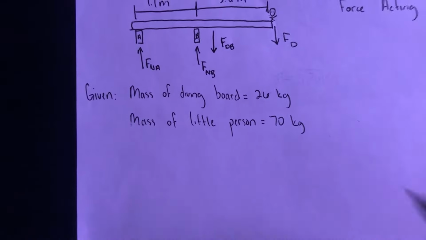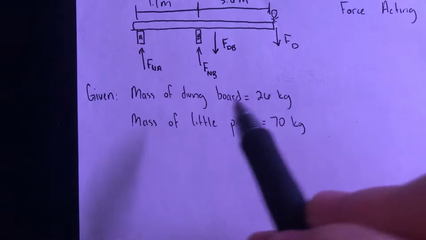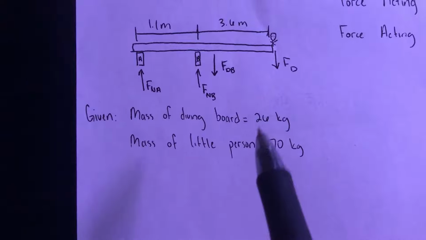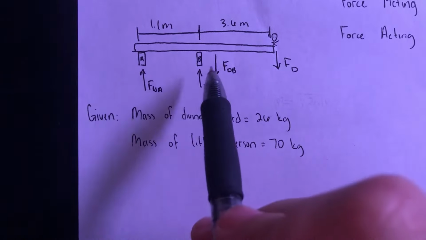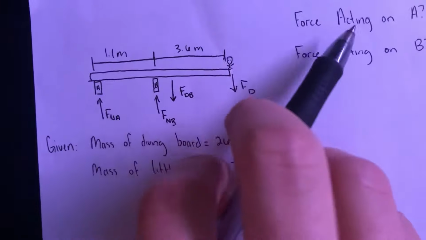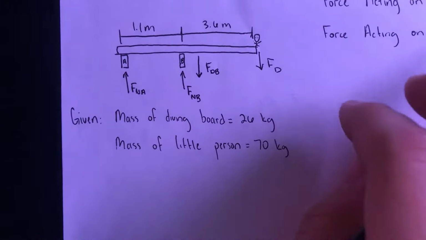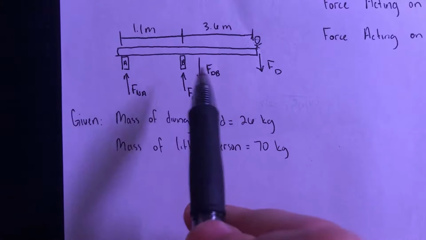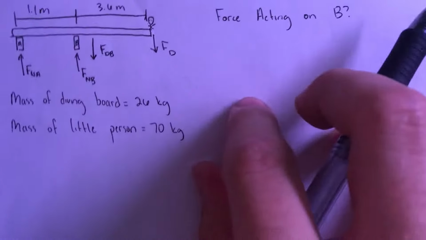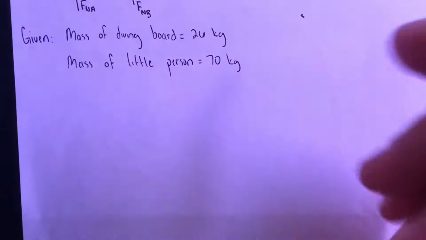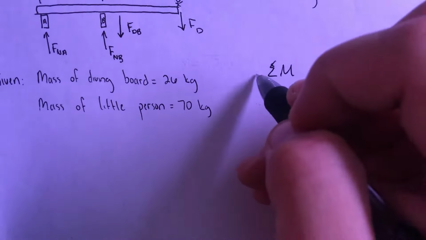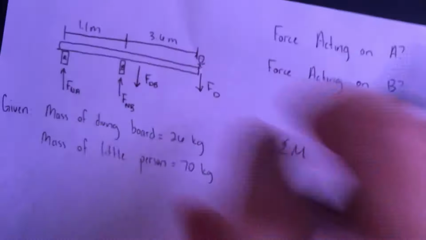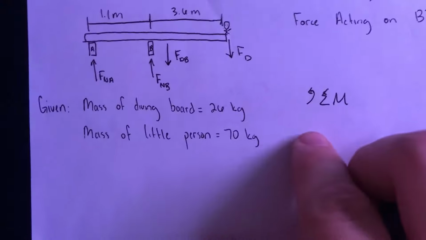Okay. Since we have all of our forces defined, you are going to solve for one of these, and then from that you can solve for the other one. To go about doing that, you will take the moment of the whole system. We'll take the moment as counterclockwise being positive.